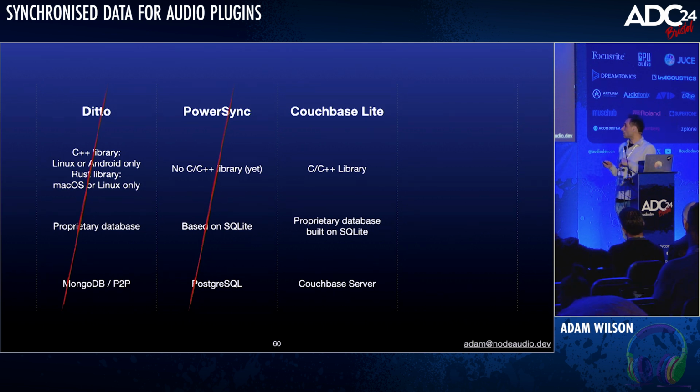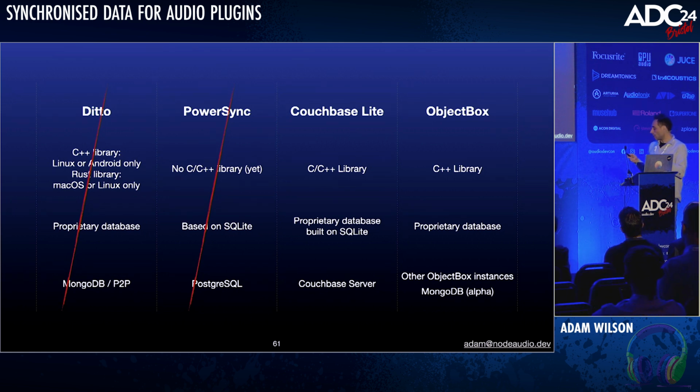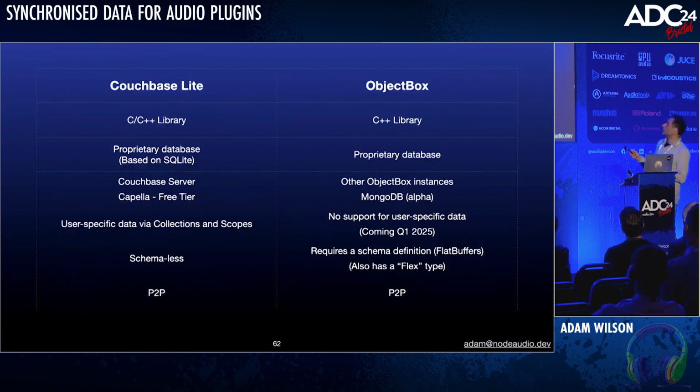It still synchronizes only with Couchbase Server, but okay, I'm interested in it again. A new contender is called ObjectBox, and that is based on a C++ library. It's very much aimed at the automotive and industrial kinds of industries. It's also its own totally proprietary database, and it syncs with other ObjectBox instances, and they're working on a MongoDB connector. So let's go into a bit more detail about these two options.